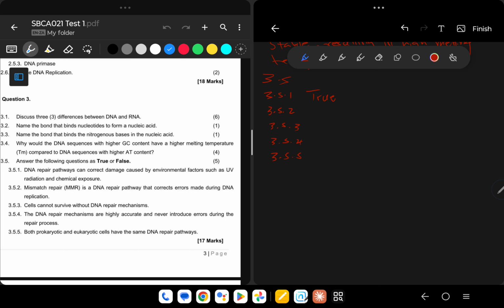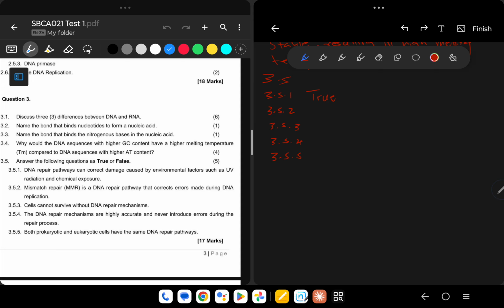Mismatch repair is a DNA repair pathway that corrects errors during DNA replication, which is also true because it deals with the mismatching. If adenine is not paired to its proper nitrogenous base, then the mismatch repair will facilitate the repairing of DNA.